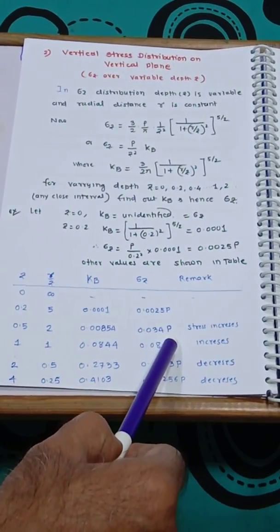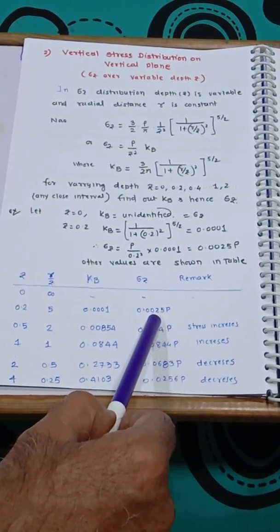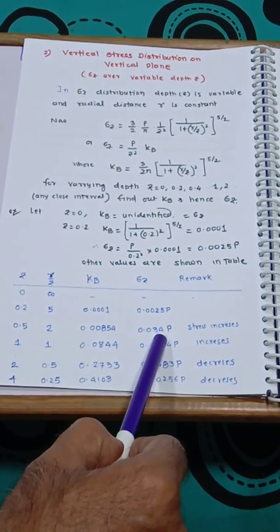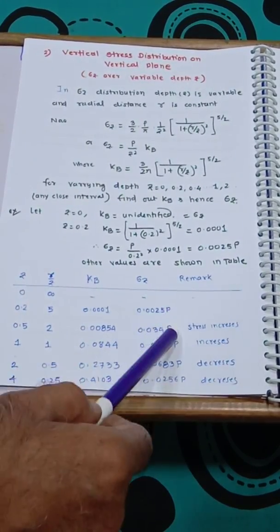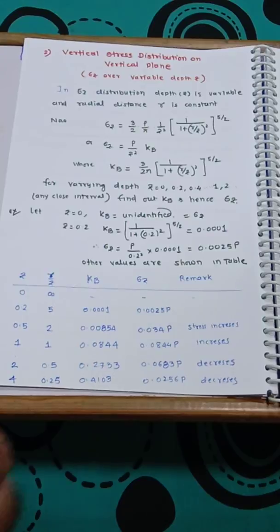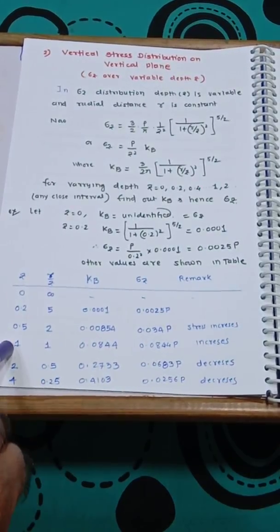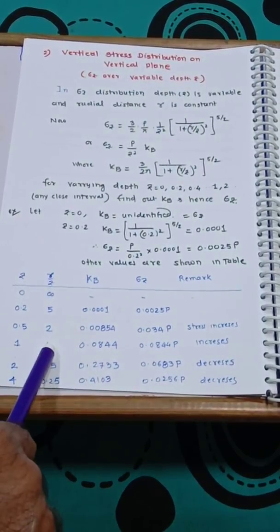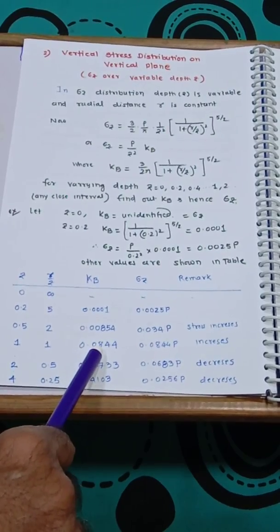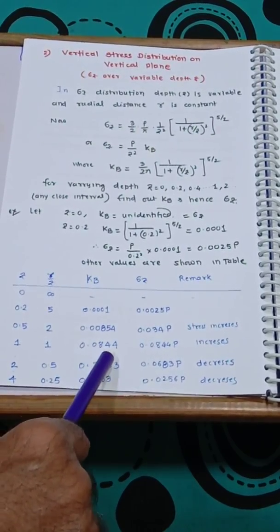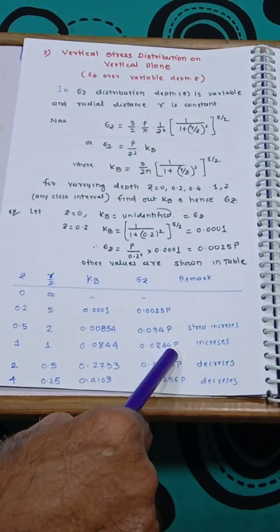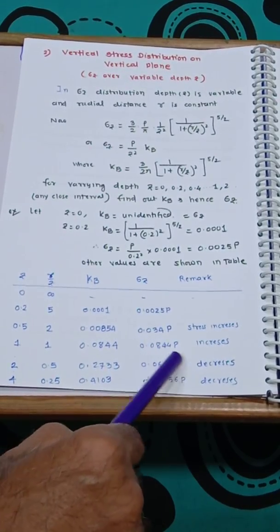Compare these two: the stress increases, from 0.0025 to 0.034 times the load. Similarly, I go for z equal to 1, ratio 1, substitute in Kb and find the stress. Again you'll find the stress increases.